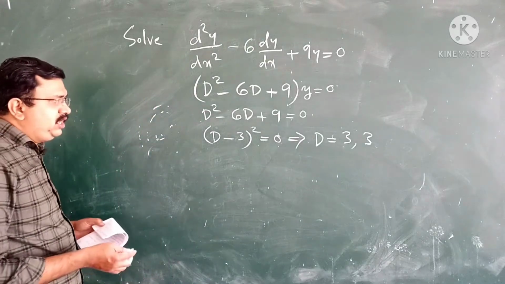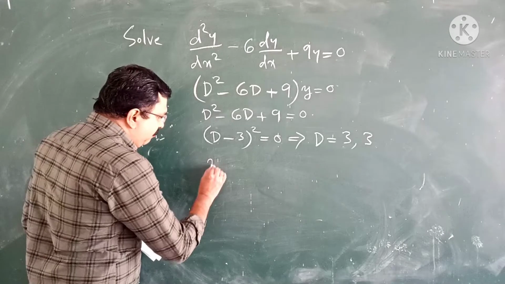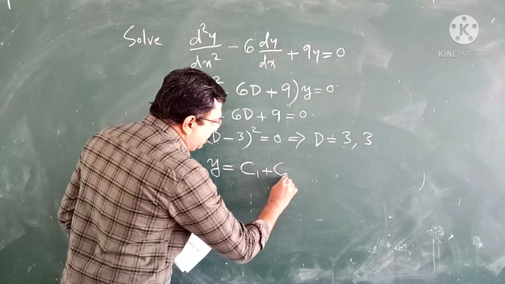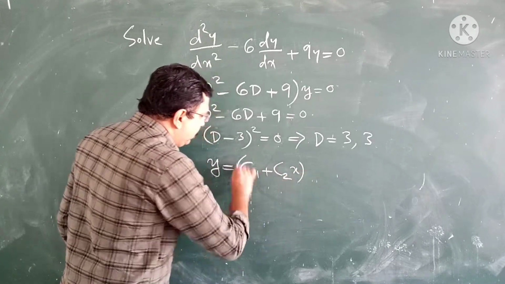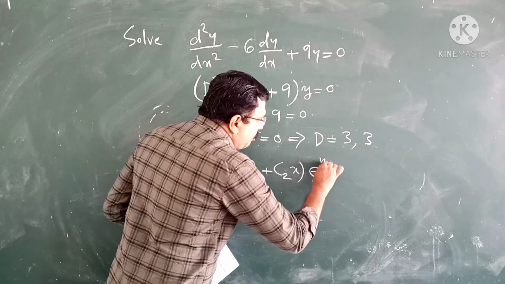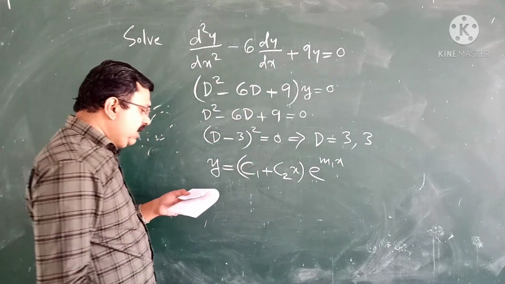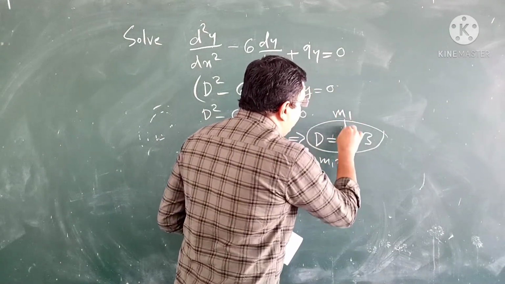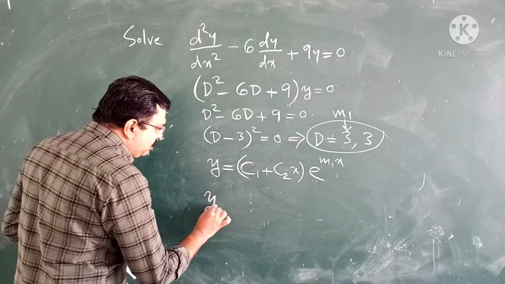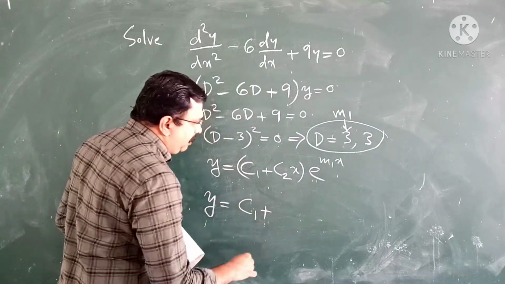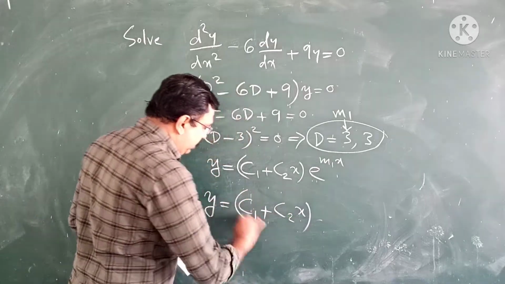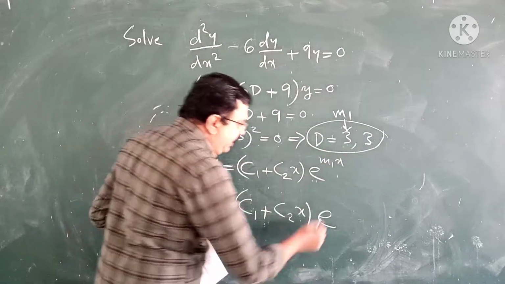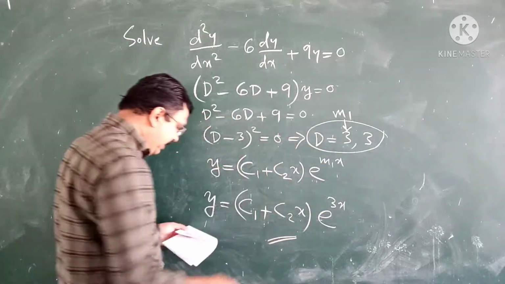Therefore, we know that our solution is y equal to (c1 plus c2x) into e raised to m1x. We know that here our m1 is 3. Therefore, final solution is y equal to (c1 plus c2x) into e raised to 3x. This is our final solution.